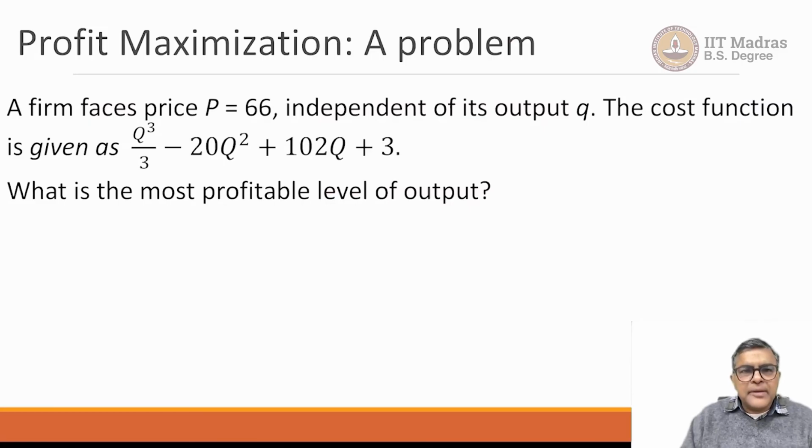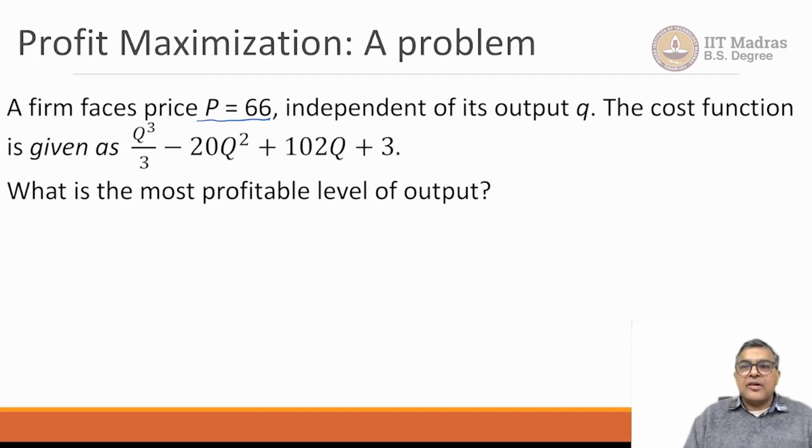Let us do one problem where a firm faces price P. Here we are assuming that the firm is operating in a market where it doesn't have any control over price. Perhaps it's happening, and we will see when that happens.